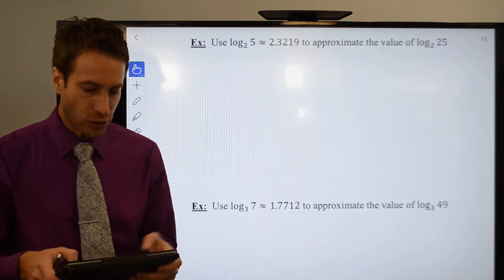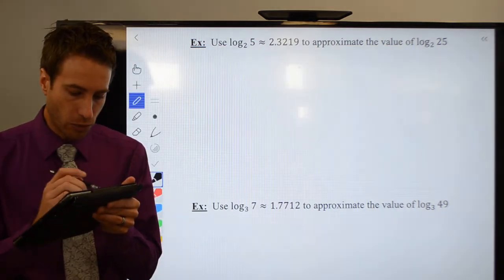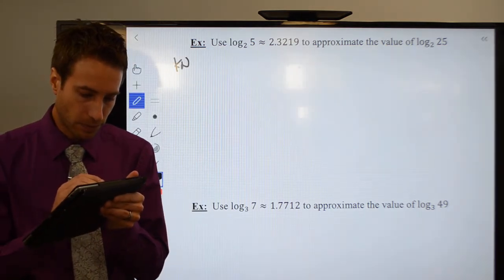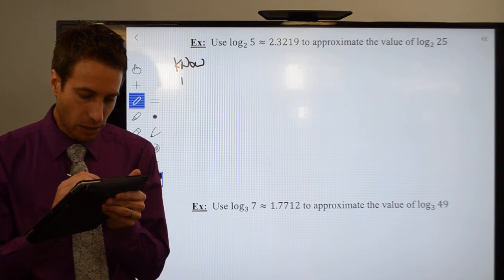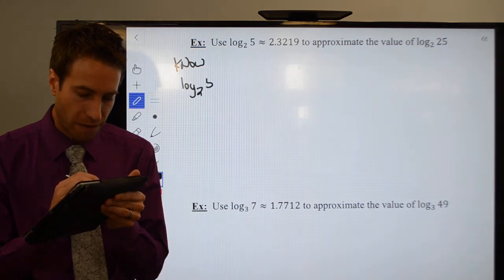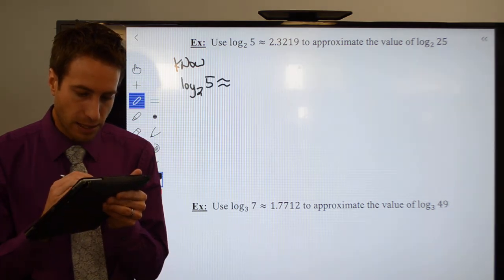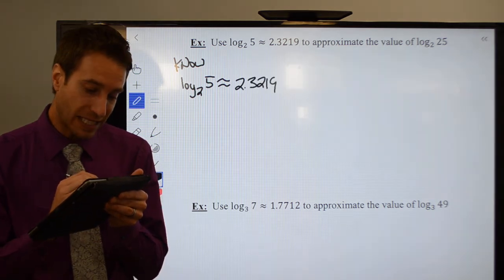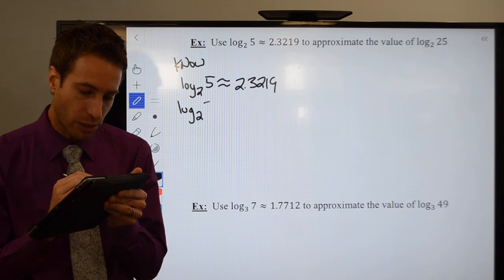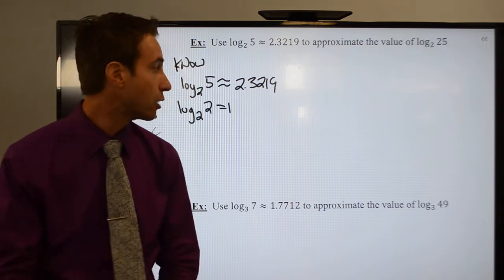All right. First, let's real quick write down what we know. What I know is that log base 2 of 5 is approximately 2.3219. That means I also know that log base 2 of 2 is going to be equal to 1.